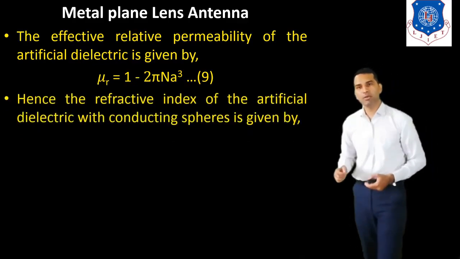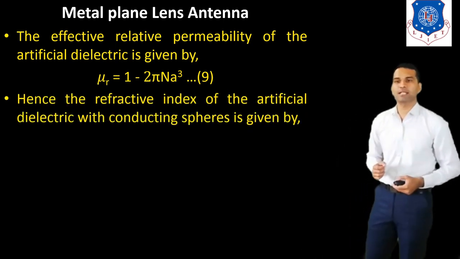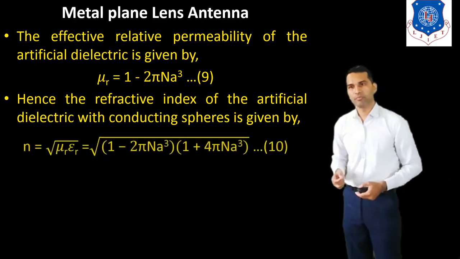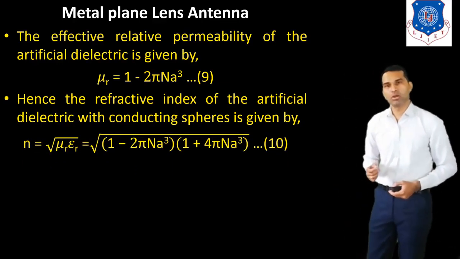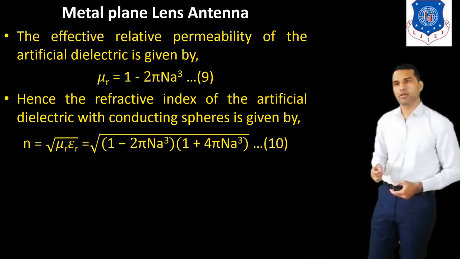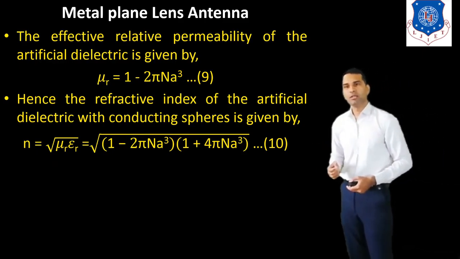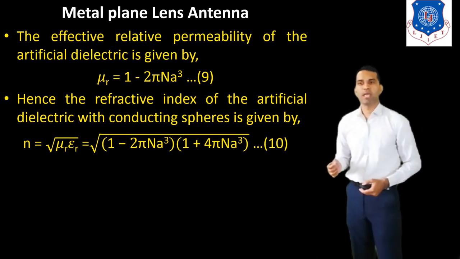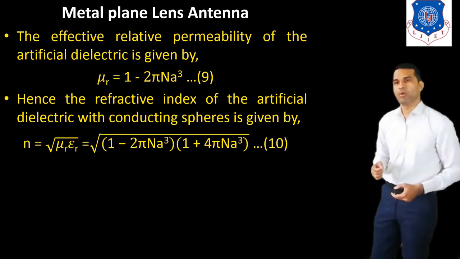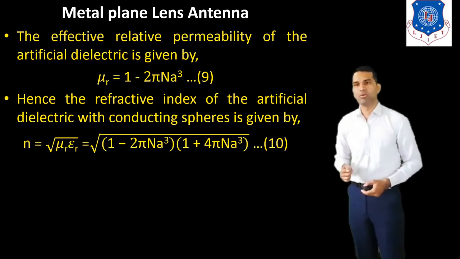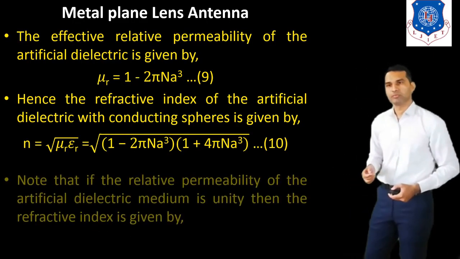Hence, the refractive index of the artificial dielectric with conducting spheres is given by n = √(μr εr). So we can simply write the equation as n = √((1 - 2πnA³)(1 + 4πnA³)). So we have put in the values of μr and εr.